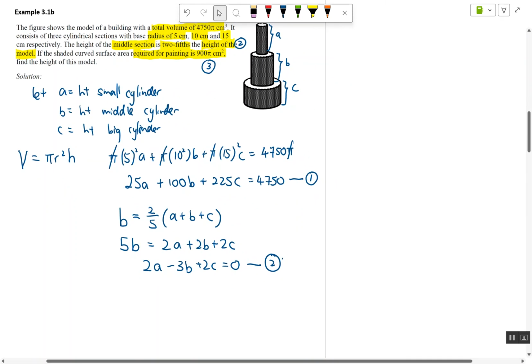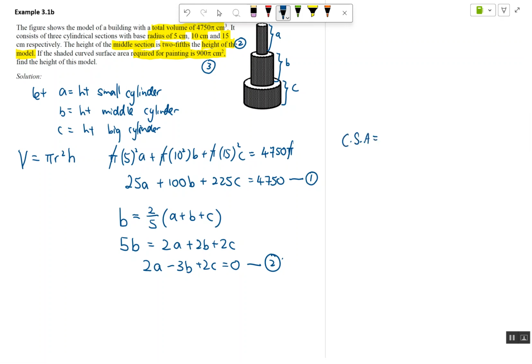Now the third piece of information is the curved surface area. If you forgot how the curved surface area of a cylinder works, when you open it up, it is just going to be like a piece of paper, where this is the length of the piece of paper, and that will be the circumference of the circle, 2 pi r, times the height. So curved surface area is 2 pi r h. I apply it to all 3 cylinders.